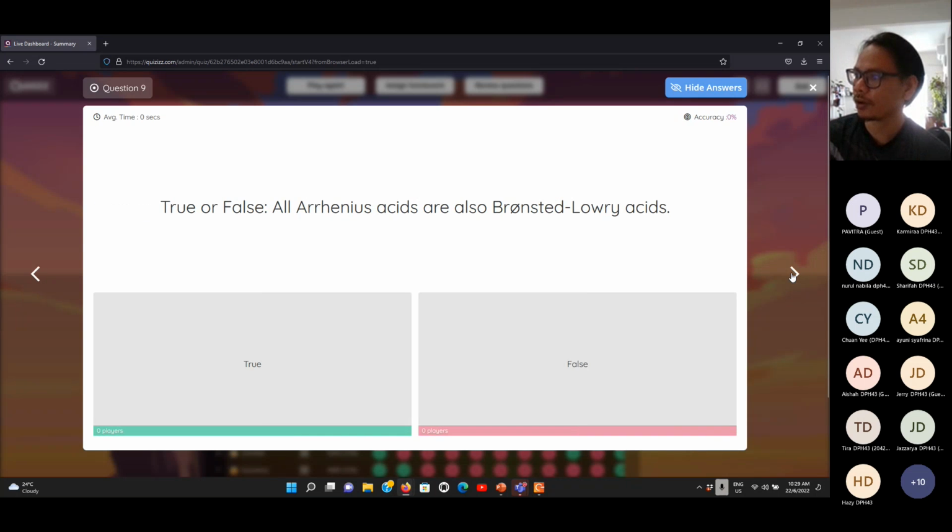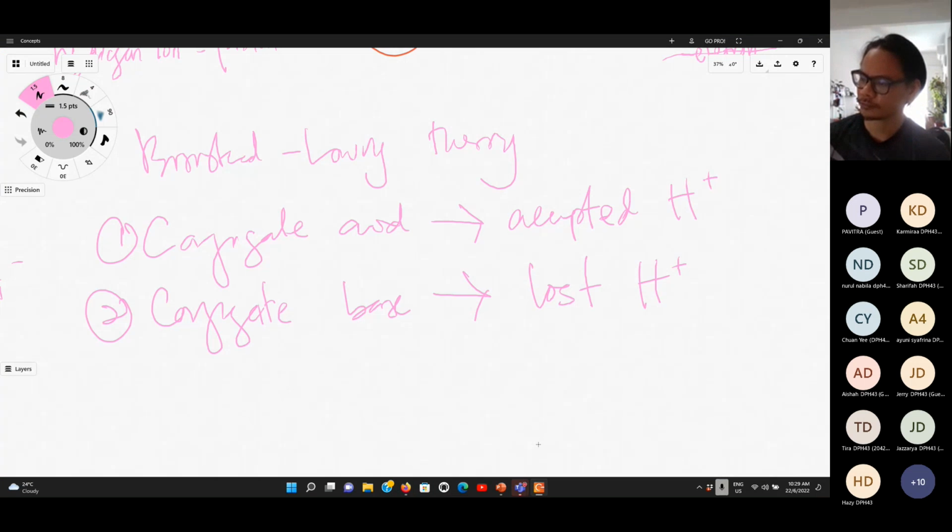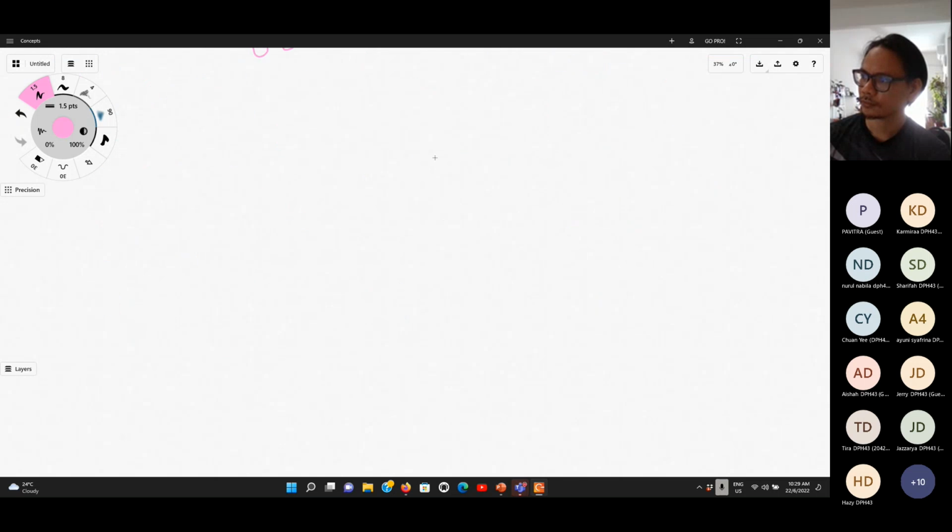True or false, all Arrhenius acids are also Bronsted-Lowry acids. So the answer is true. Okay, semua. So this is a bit of a thinker. All Arrhenius. So kalau kita buat satu Venn diagram, so katakanlah ini adalah, tak cukup lah, kecil sangat circle.